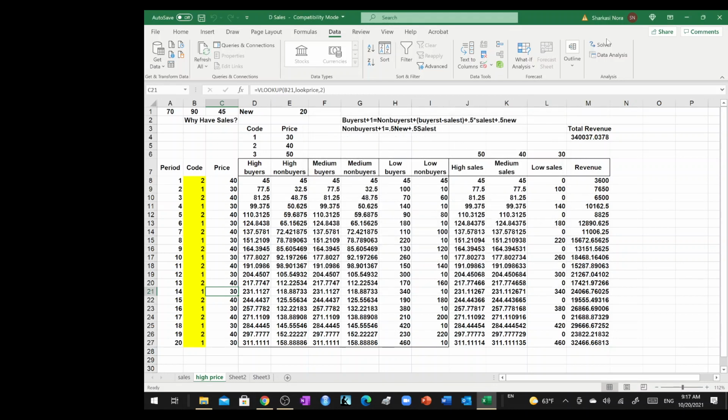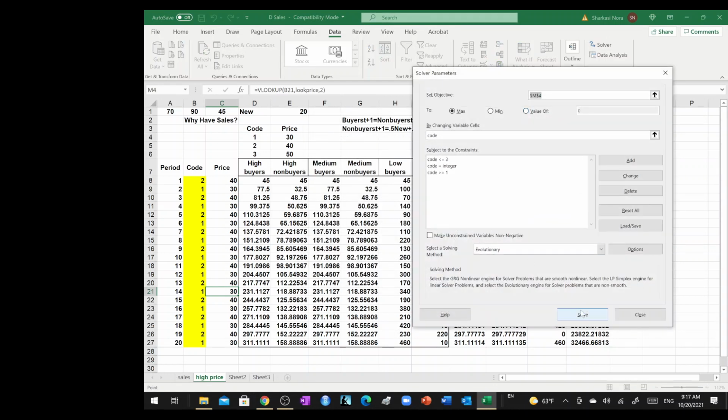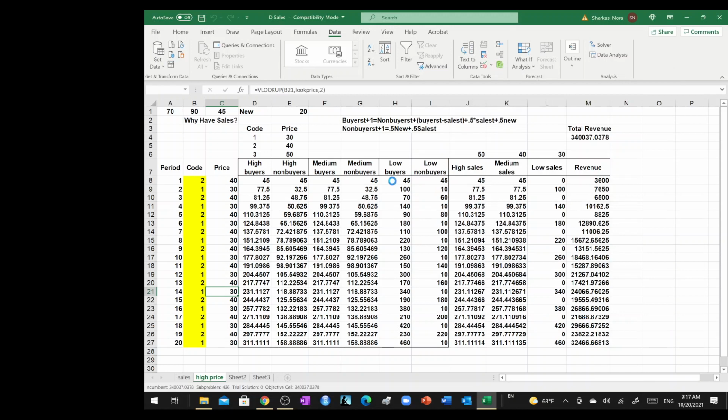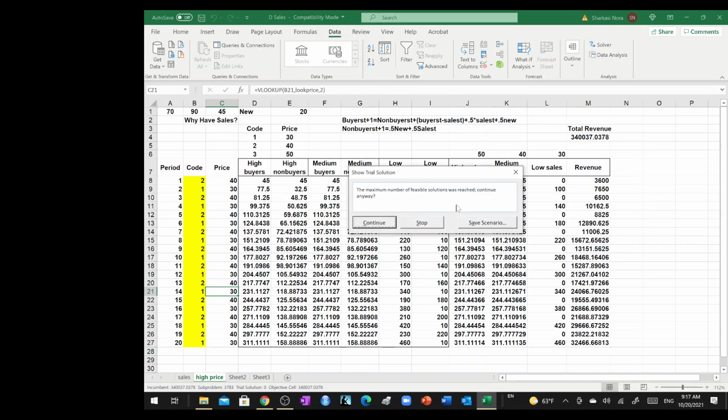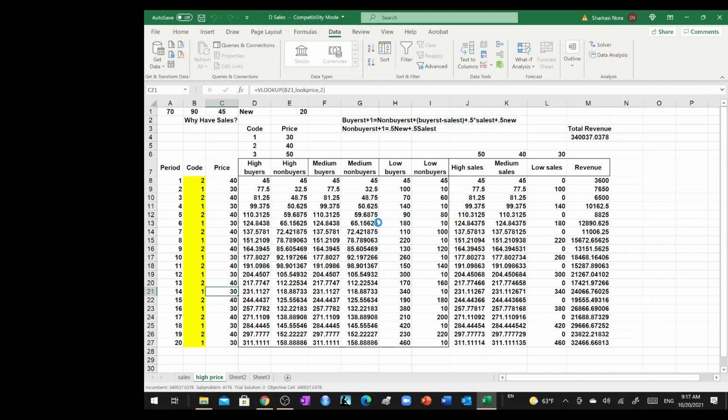And then I'm going to run solver again, because I told you it's a good practice that we run solver 2 times or 3 times rather. So over here, we are getting revenue of 34,000, almost 37,000. Okay, I'm sorry for the noise.